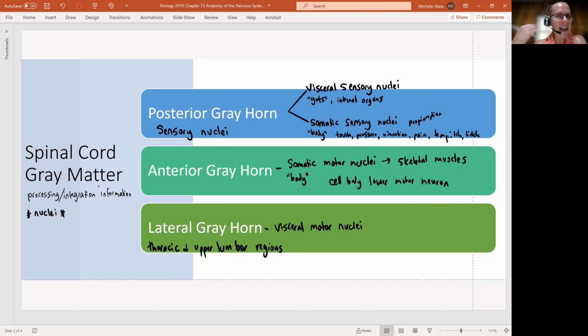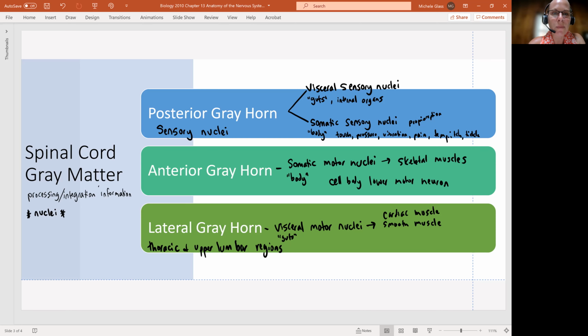And remember, in my mind, I always translate visceral to guts. So this is going to be controlling the cardiac muscle, which is located in the thoracic cavity. That's going to be in the heart. Smooth muscle, which we're going to see located in the organs in both thoracic and abdominopelvic cavities.